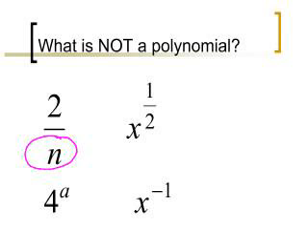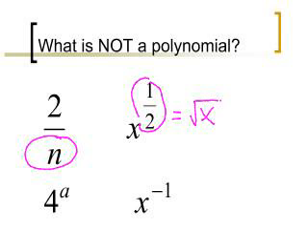On the second one, 1 over x to the 1/2, well, we haven't really talked about this, but when we have x to a power, we need these powers to be whole numbers. And so in this case, this 1/2 is really asking us for the square root of x. And we will get more into that later, but the important fact is when you have x to a fraction power, that is also not a polynomial.